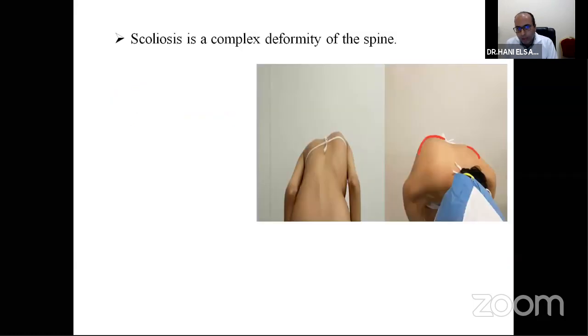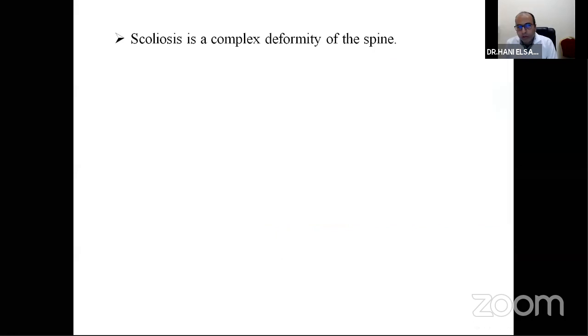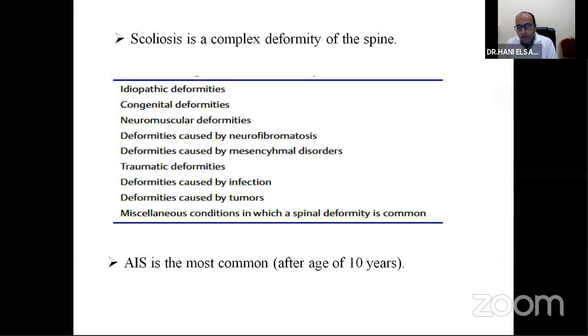As we all know, scoliosis is a complex deformity with this characteristic rib hump deformity resulting from vertebral rotation. Scoliosis may be idiopathic, congenital, neuromuscular, or deformity caused by neurofibromatosis, mesenchymal disorders, post-traumatic, post-infection, post-tumors, and miscellaneous conditions in which spinal deformity is common.